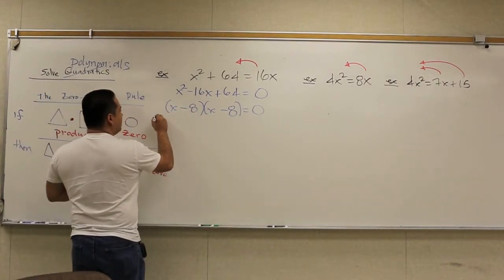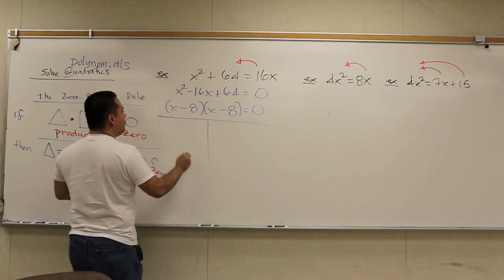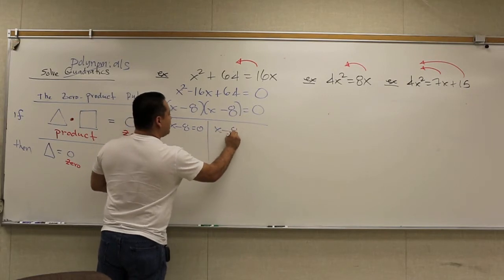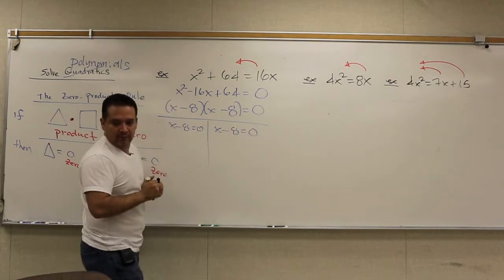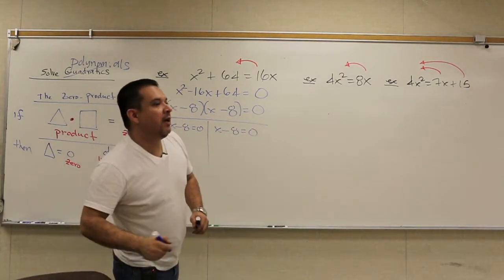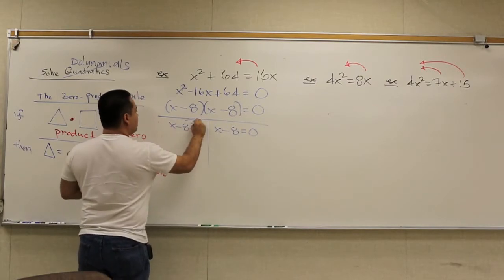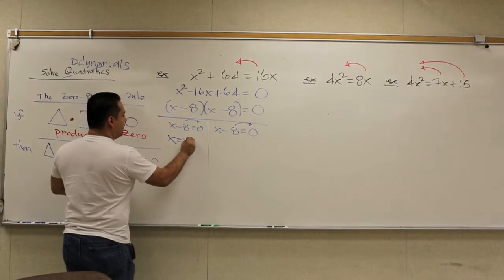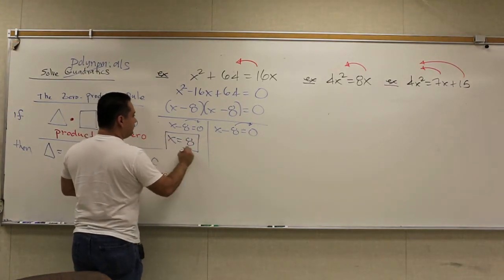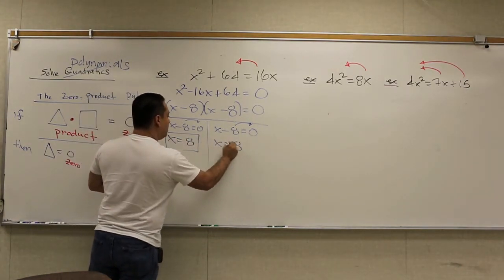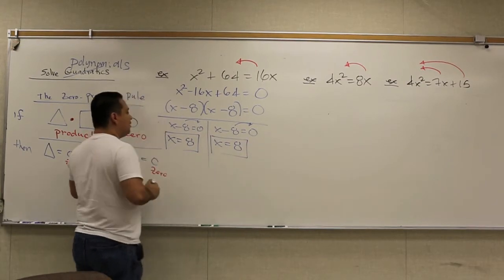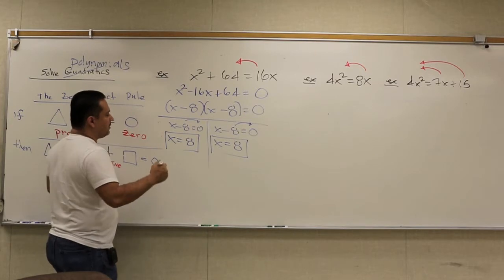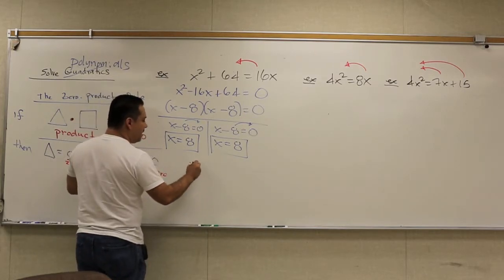What do you guys get here? Right, zero product rule. You get x minus 8 is 0. You translate your 8. x is 8.